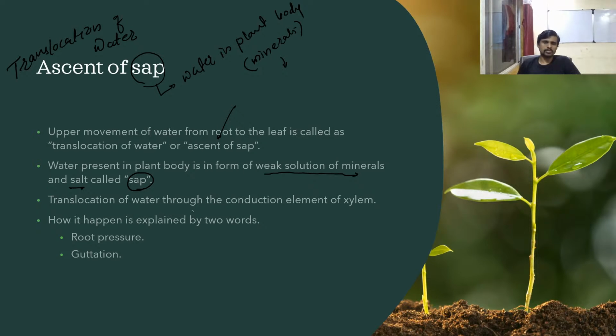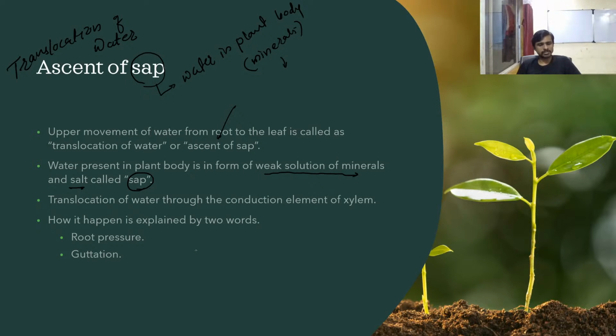So translocation of water is through the conduction elements of the xylem. We know that xylem is made up of four different parts. We already discussed this in plant tissue. If you do not have any idea about plant tissue, please revise my lecture. It is available on YouTube.